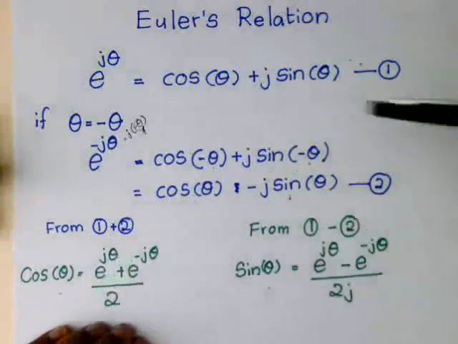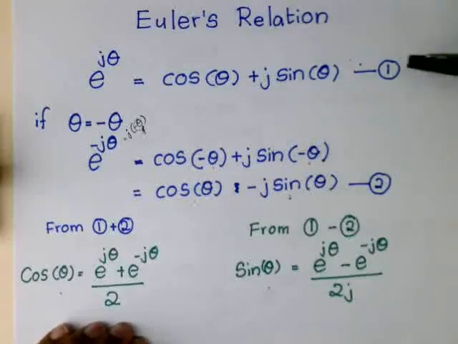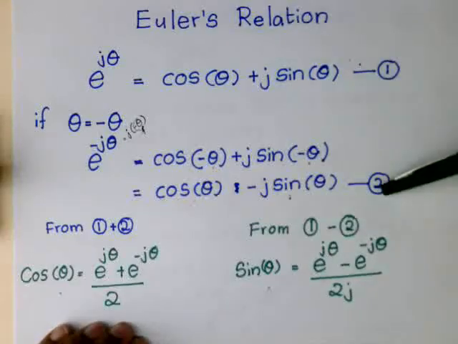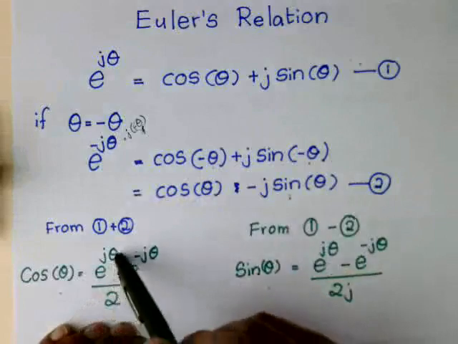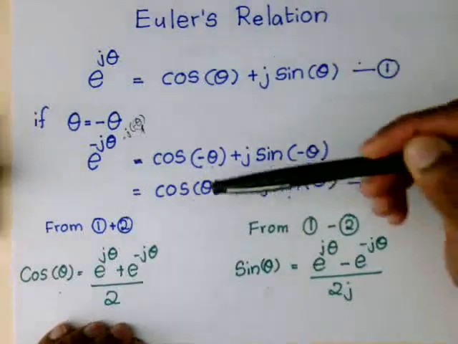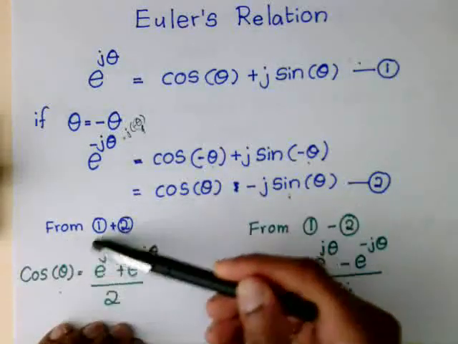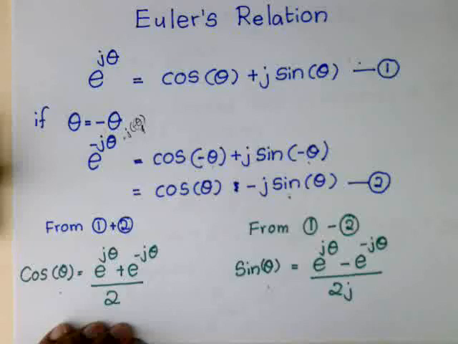By adding these two signals, and I encourage you to try this on your own, the j sine theta term cancels out and you have 2 cosine theta. Therefore, you have cosine theta equal to this expression.